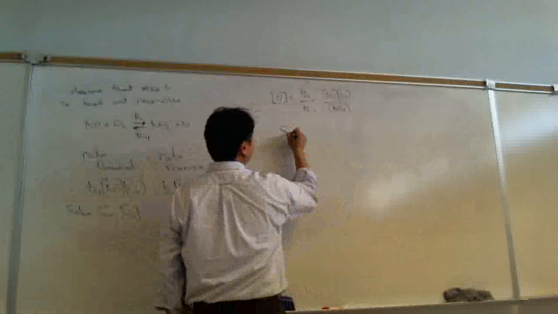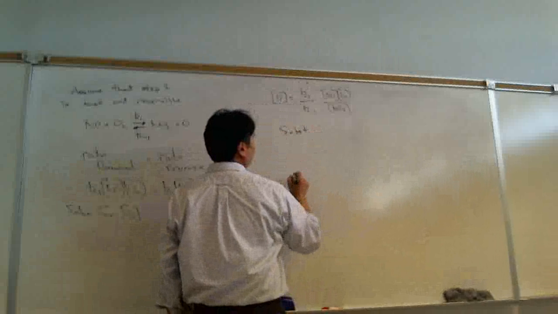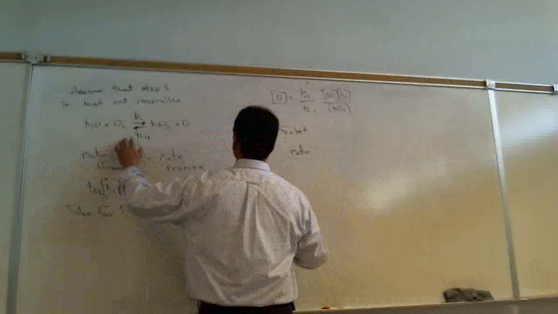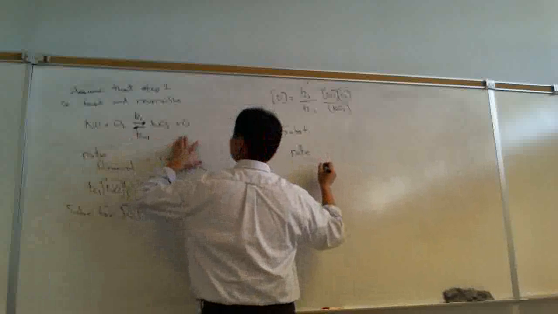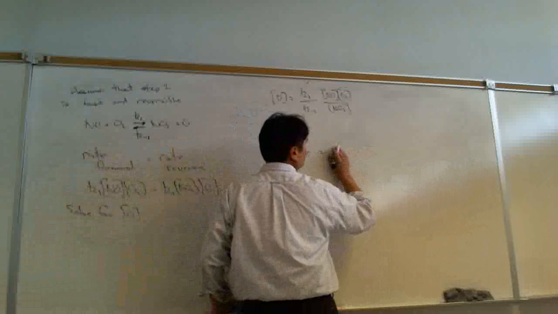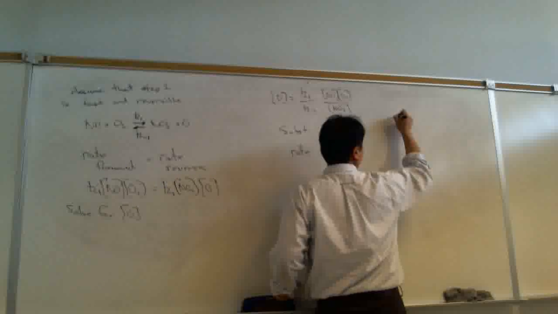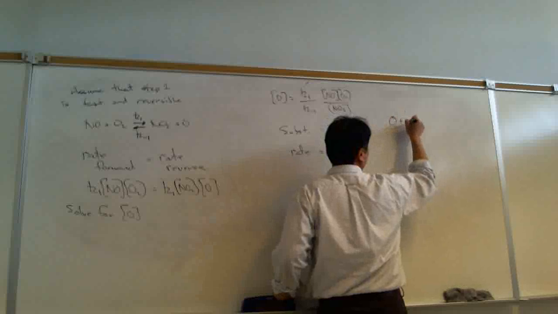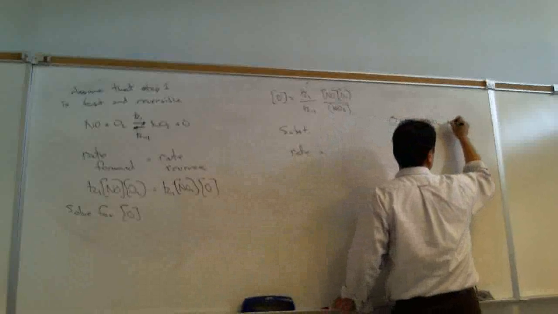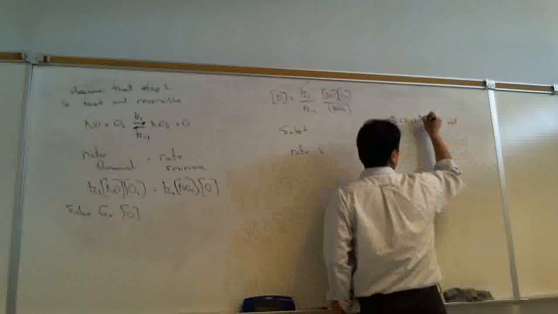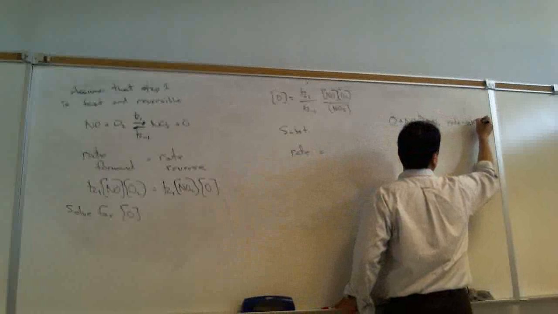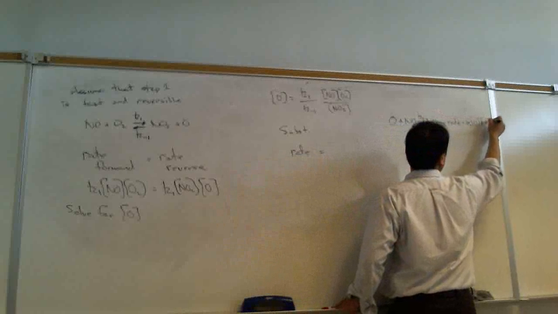All right, then we're going to substitute. So this is rate for step 2. Rate for step 2 was equal to, actually what was step 2 again? Step 2 was O plus NO yields NO2. And we're going to call this K2 for step 2. And so the rate was K2 times O NO.